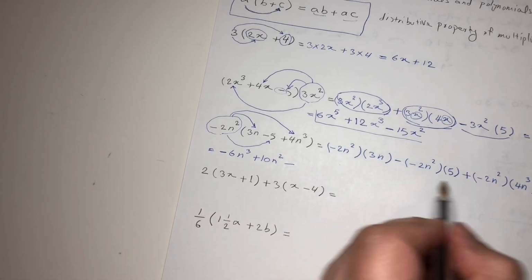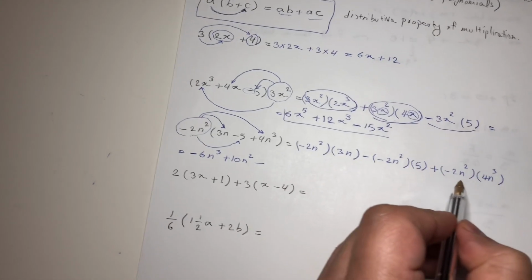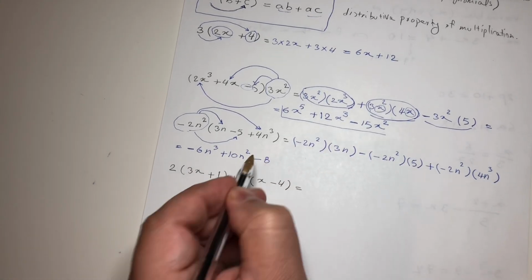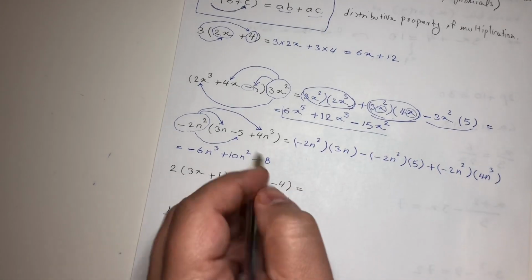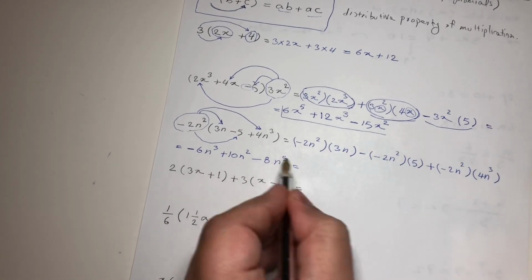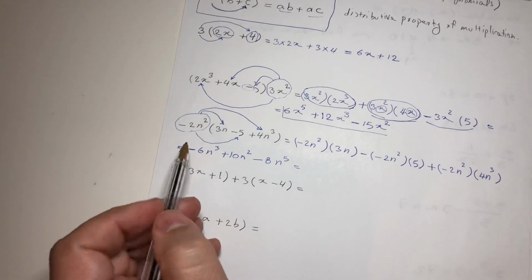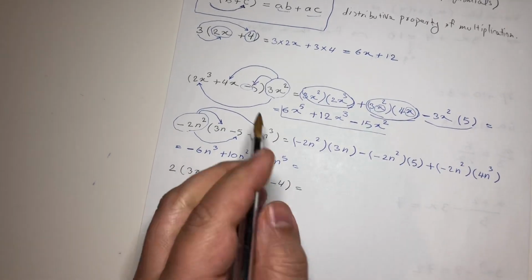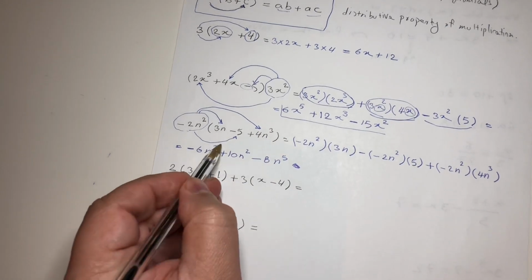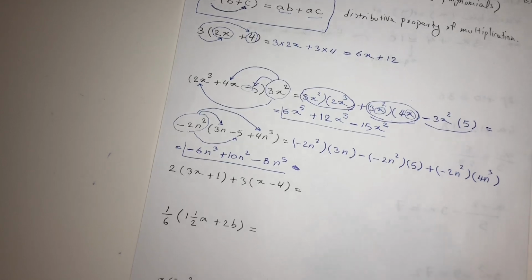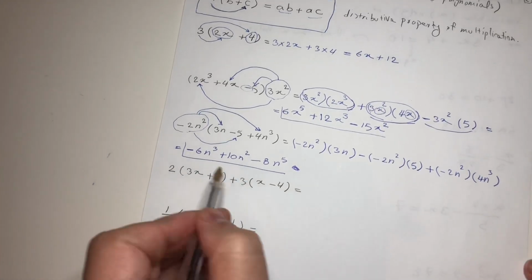The result would be minus 2 by 4 is 8, and n2 by n3 is n5. 2 plus 3 is 5. Okay, let's see if we can simplify it further. I don't think so, because we have n3, n2, n5. We can't do anything else. This is the result.